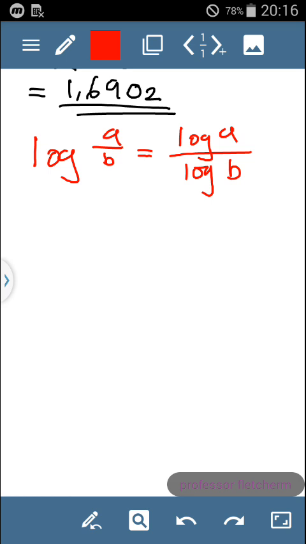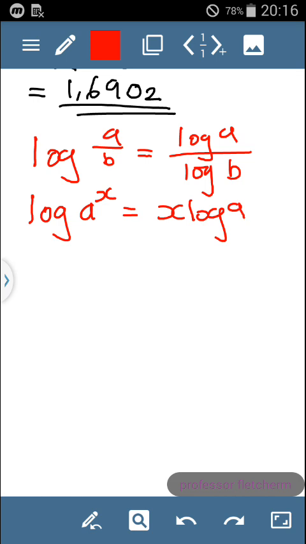The second one that we did, log a to the power x, is equal to x log a. These are the particular laws that we dealt with in this session.